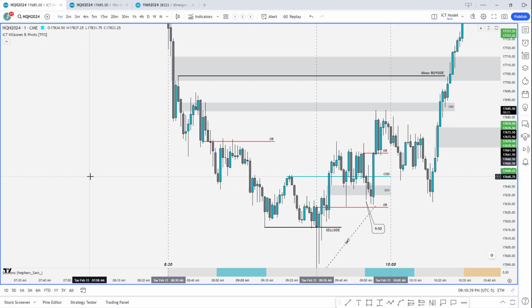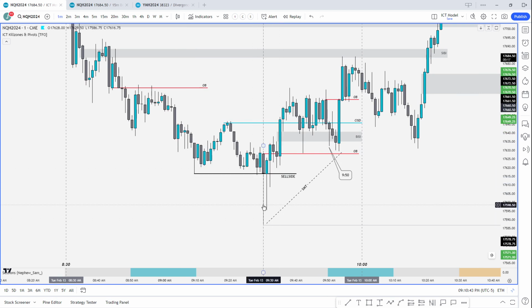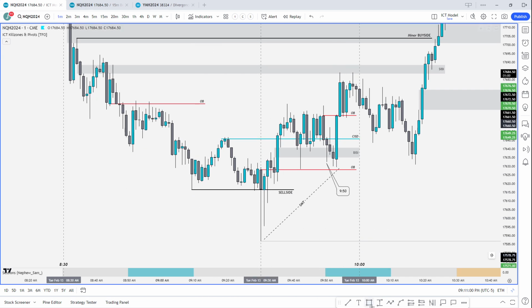But if you've ever heard ICT say we're accumulating sell stops or accumulating buy stops or distributing to buy stops, distribution is going to be a lot of times purging liquidity, but accumulation can also be in the form of gathering sell stops or buy stops, right? So sometimes this can be your accumulation.